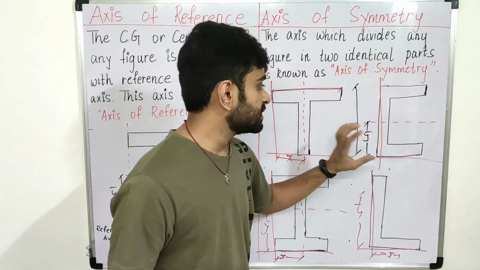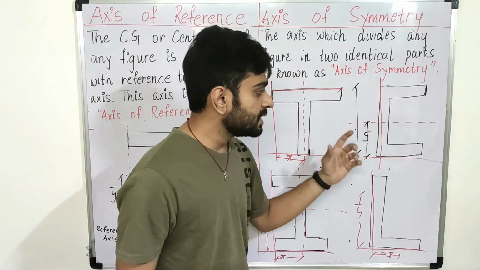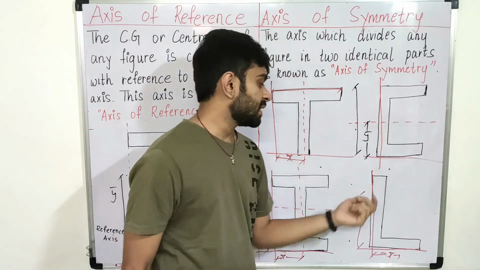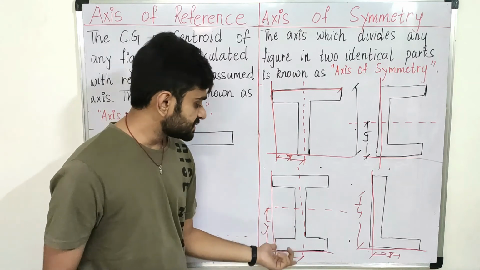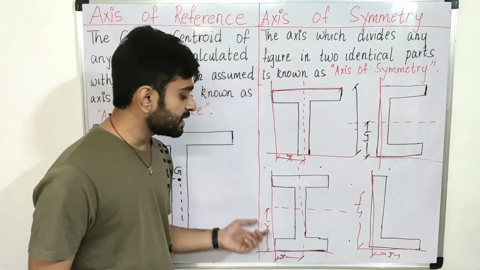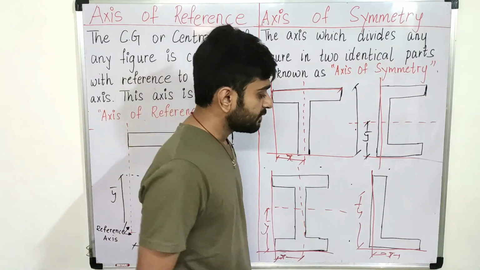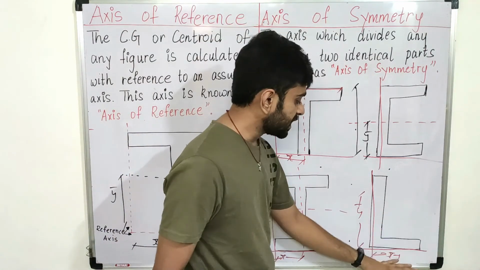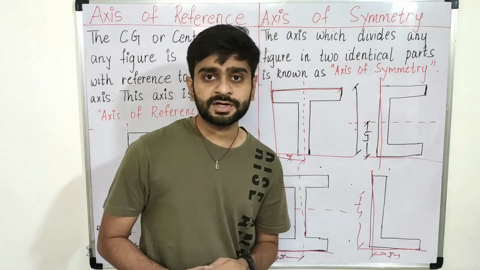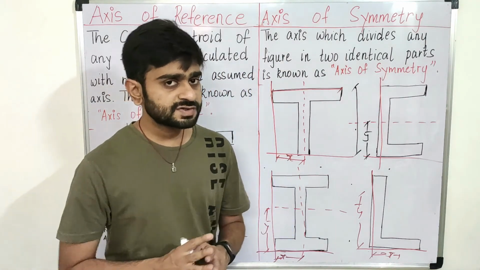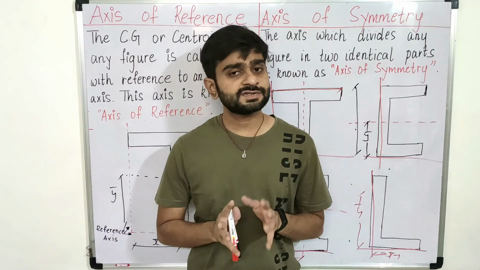In this C section y bar is directly available and we need to calculate x bar. In this I section both x and y bar are directly available, so we can easily find the centroid. While for this L section, both x bar and y bar need to be calculated. So friends, this was the concept of axis of symmetry and axis of reference.